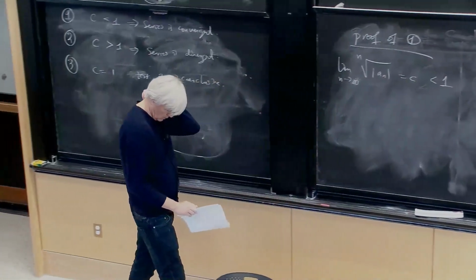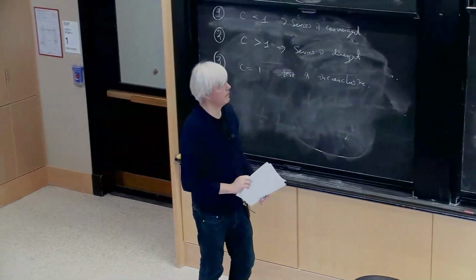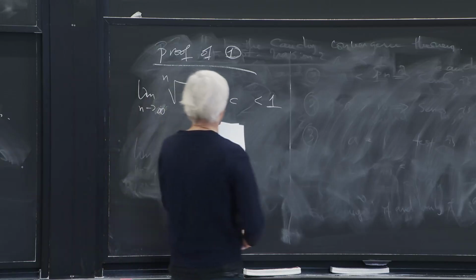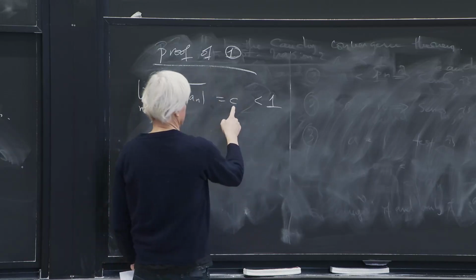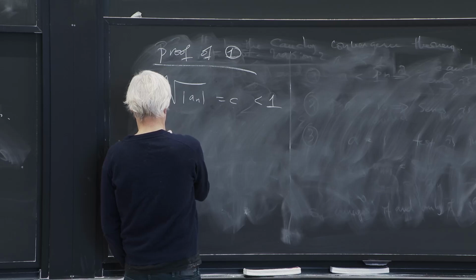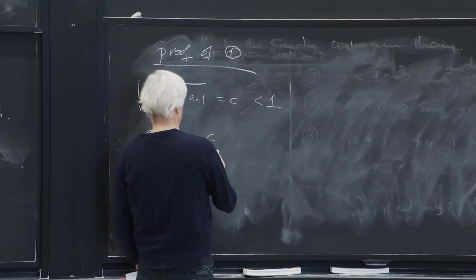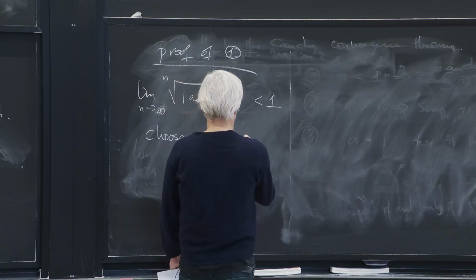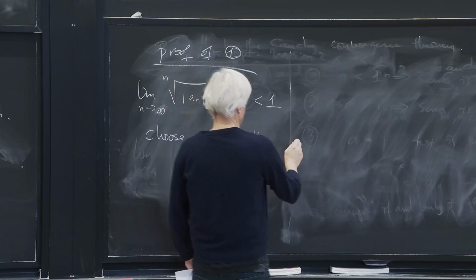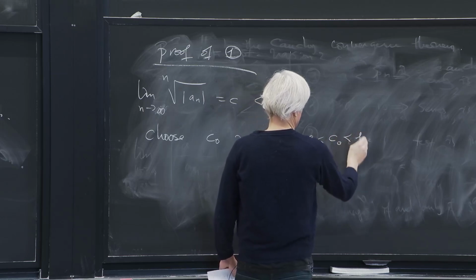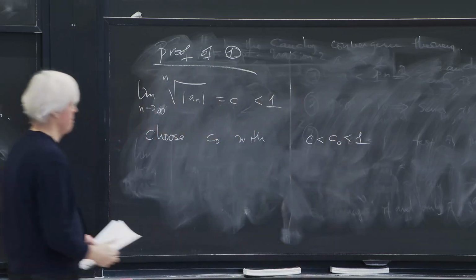Right? So now I'm again choosing something that is between c and 1, so let's call it c0, with c less than c0 less than 1. Okay?